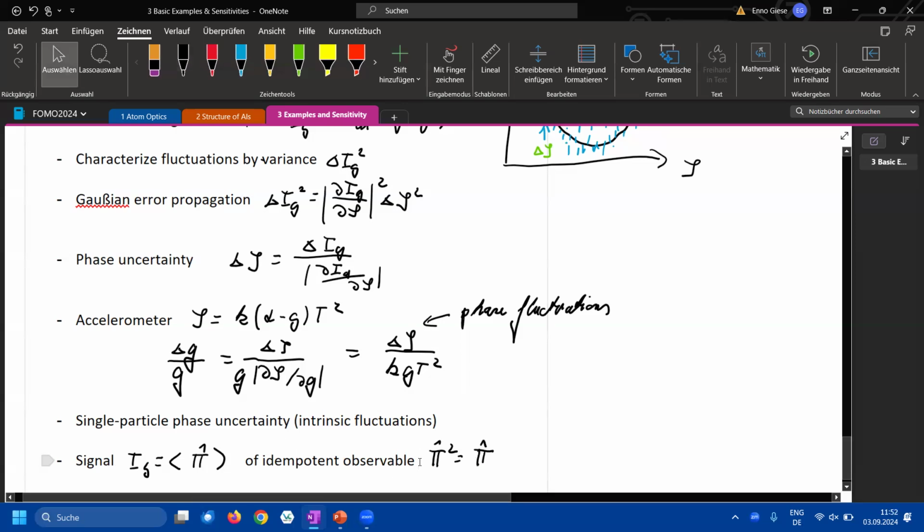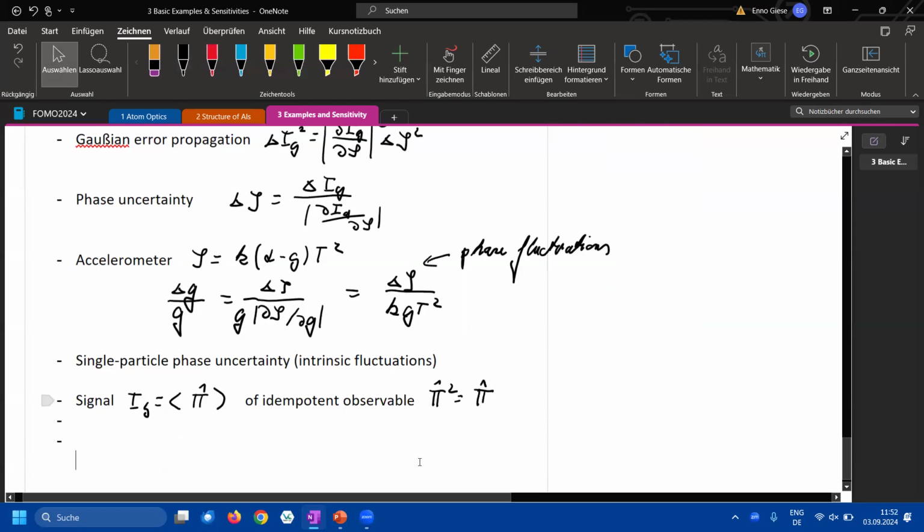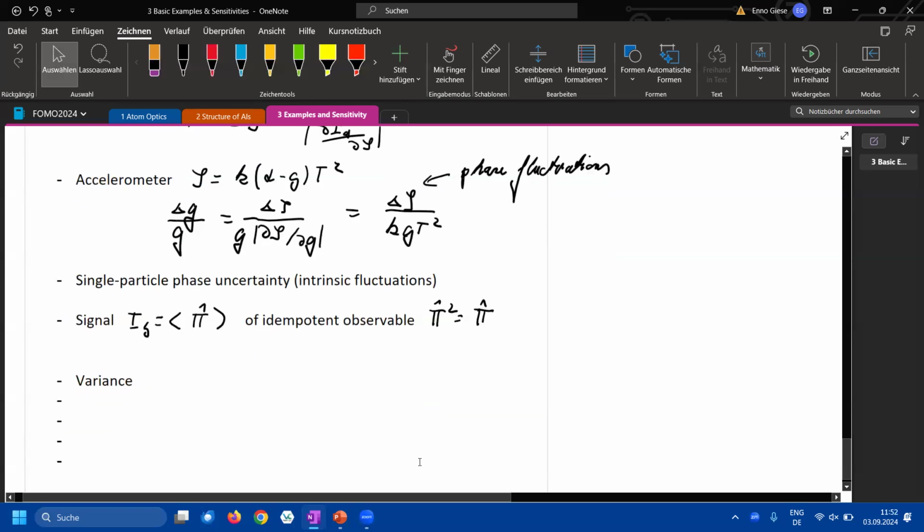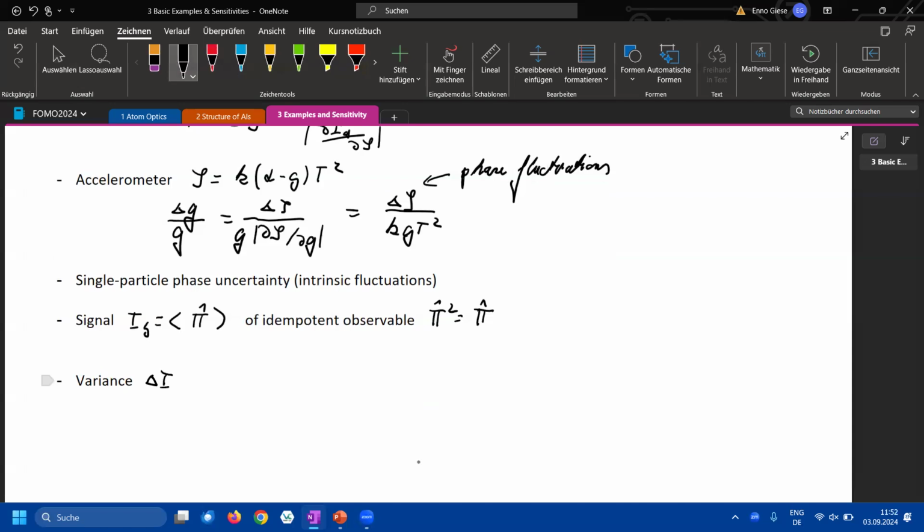We can now just calculate the variance. And we can calculate this variance quantum mechanically. So how do we calculate the variance? We calculate the variance by delta I_G squared is equal to the expectation value of the square of our observable minus the expectation value of our observable, squared.